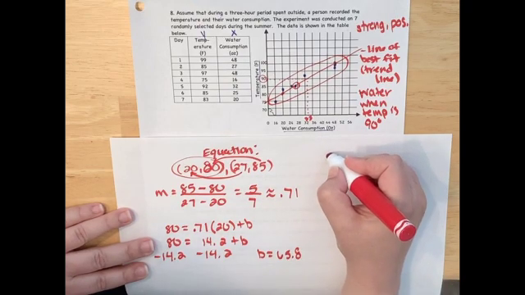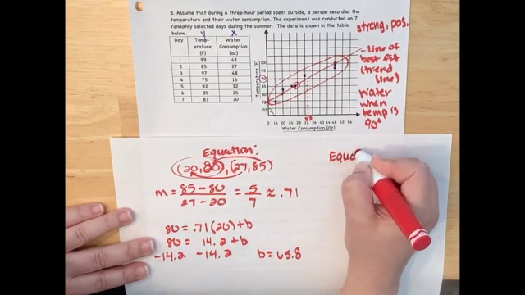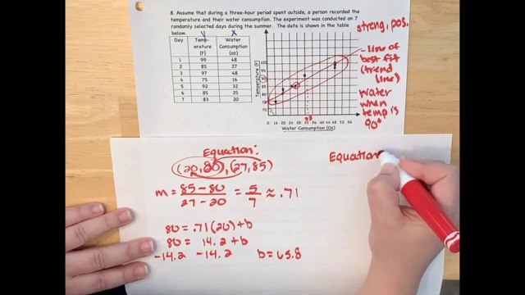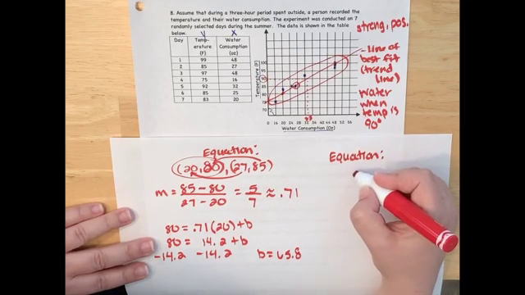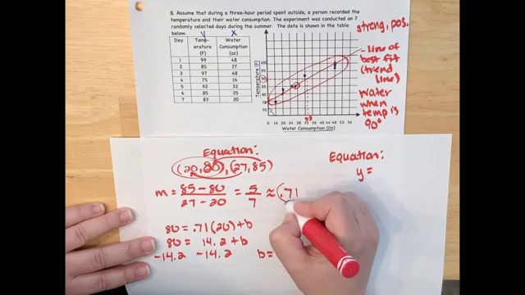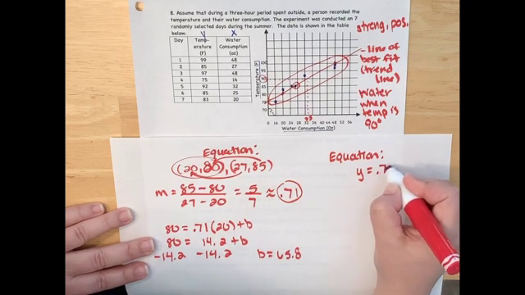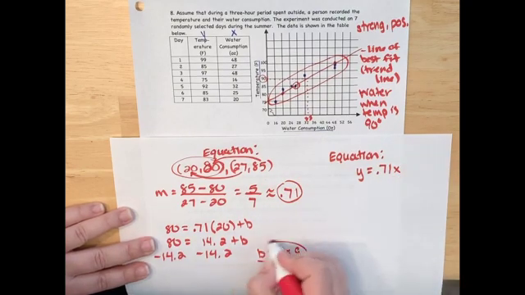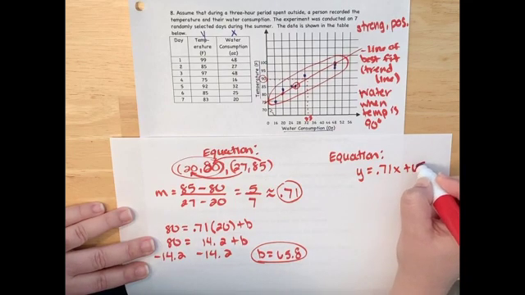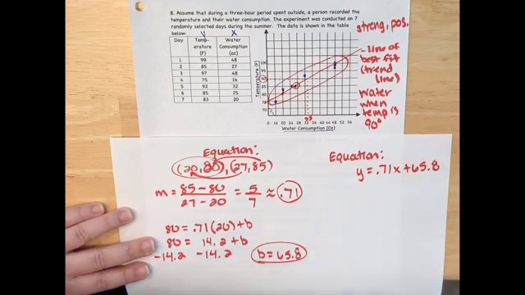Therefore, my equation for the line of best fit, or trend line, however you want to say it, is the slope value. So y equals 0.17x plus the y-intercept. And now I can use that to make my prediction. My question I was predicting originally was what is the water when the temperature is 90? So the temperature was our y.